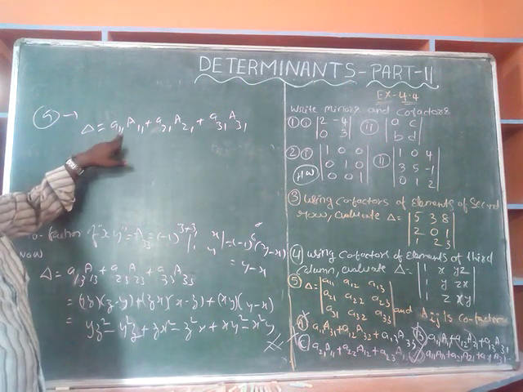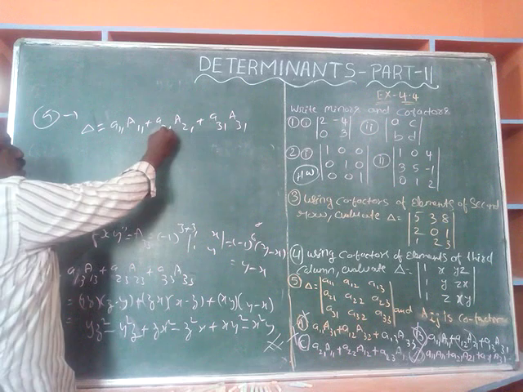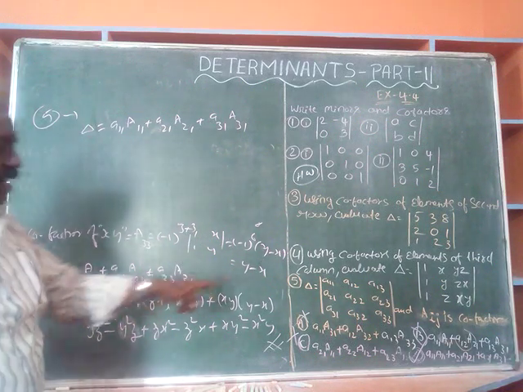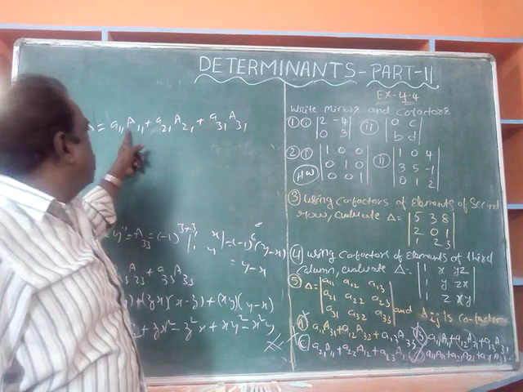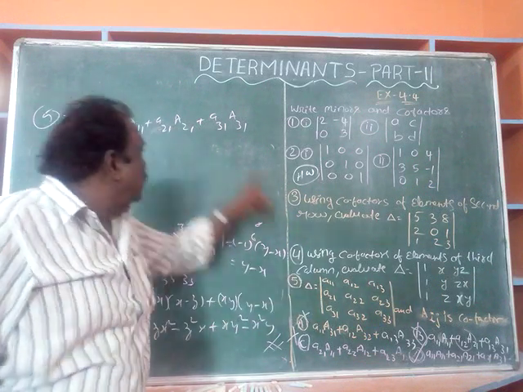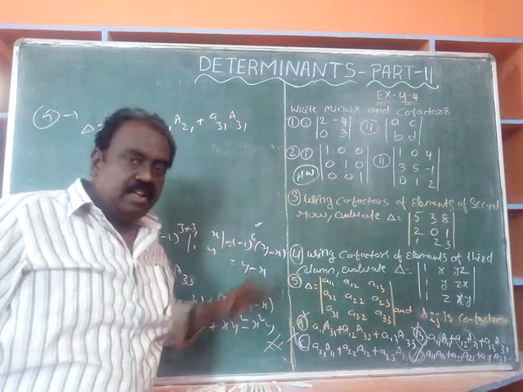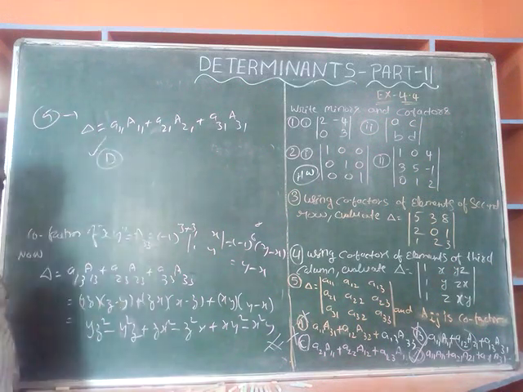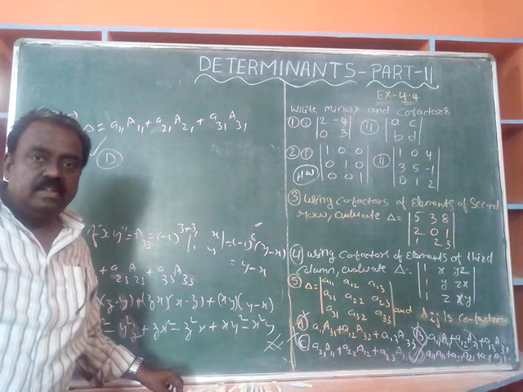This is a11, a21, a31, so it is the first column, not the first row. In this column: a11 capital A11, a21 capital A21, a31 capital A31. So D is the answer. Okay, thank you.